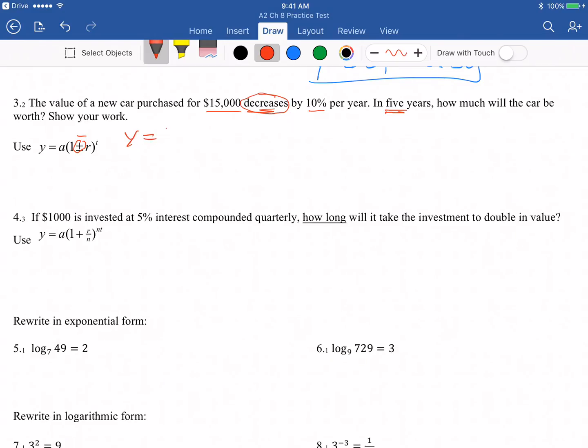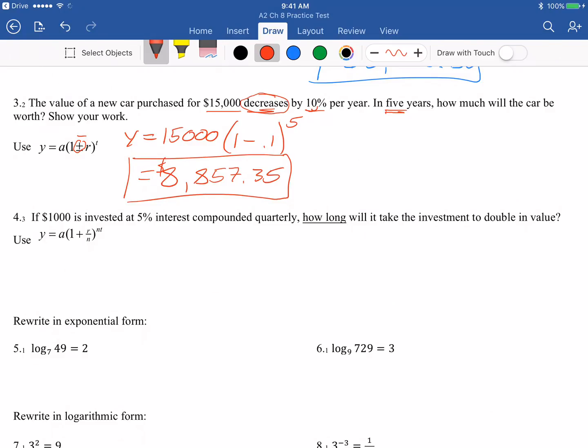So we have y equals 15,000, 1 minus 0.1, move that guy 2 places, to the 5th now. Alright, so if I put this guy into my calculator, you should get an answer that that car is worth $8,857.35. Alright, so make sure you're putting that guy in your calculator correctly.